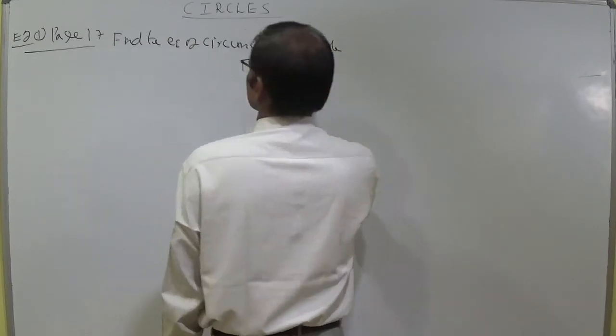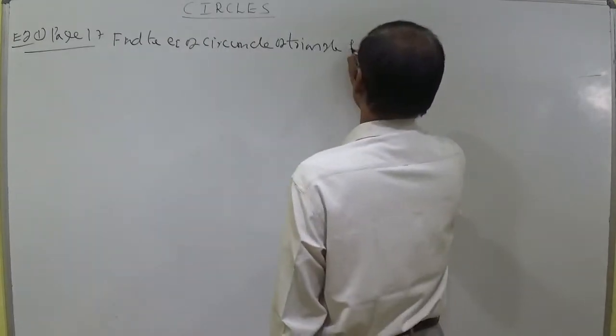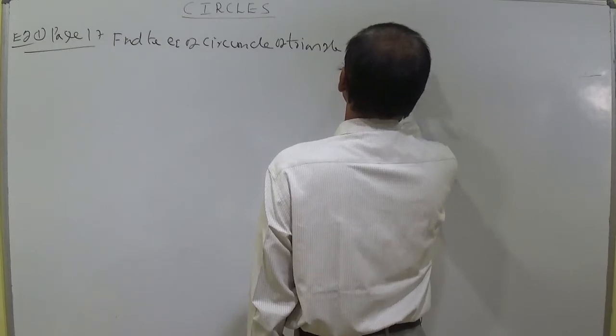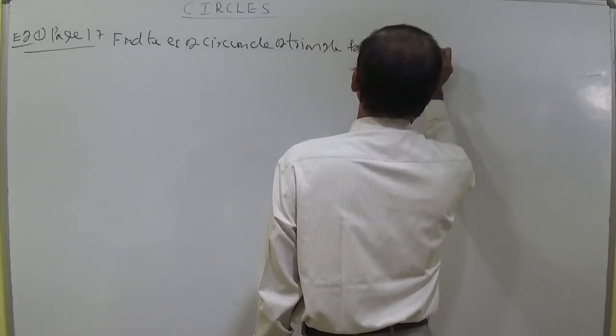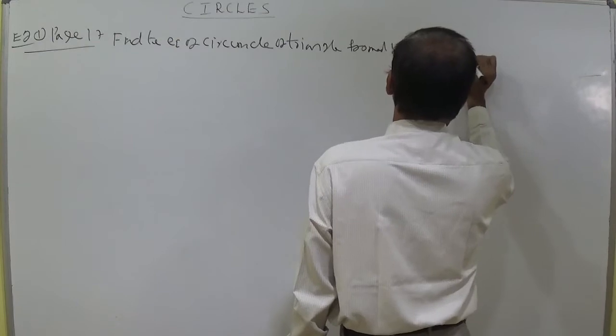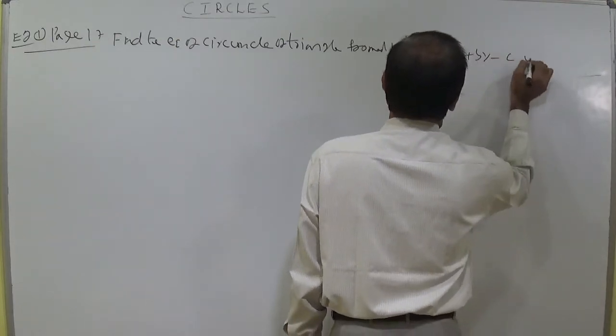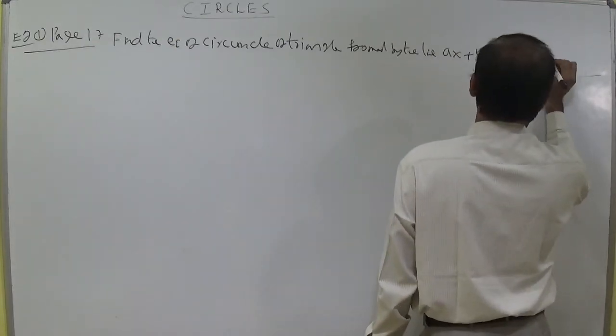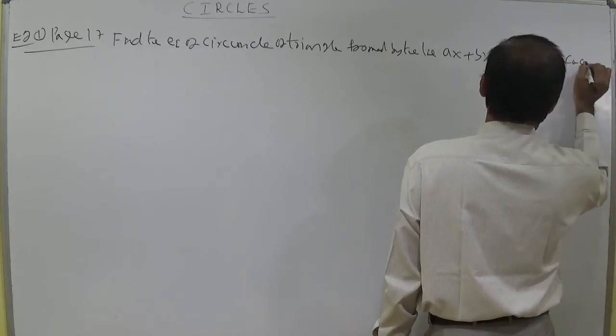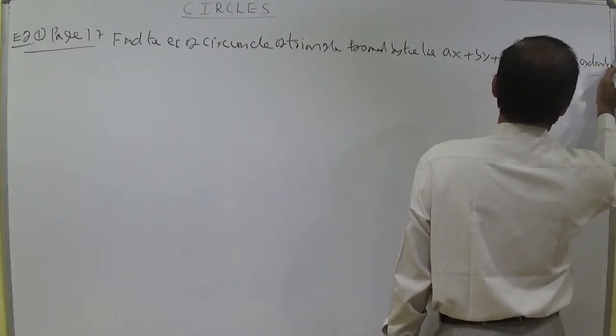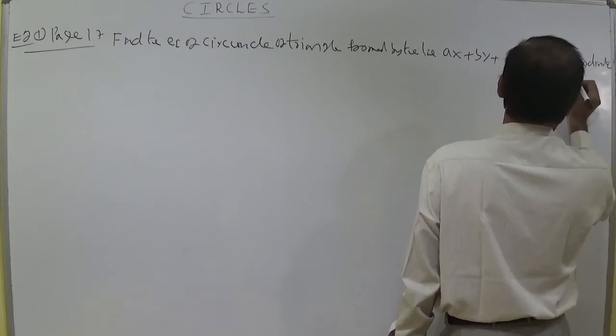Find the equation of circumcircle of the triangle formed by the line ax + by + c = 0 with the coordinate axis.